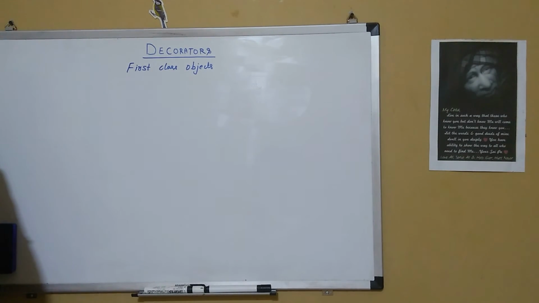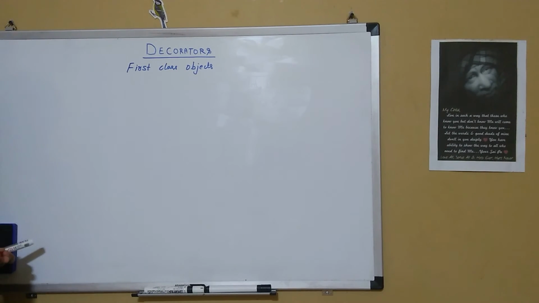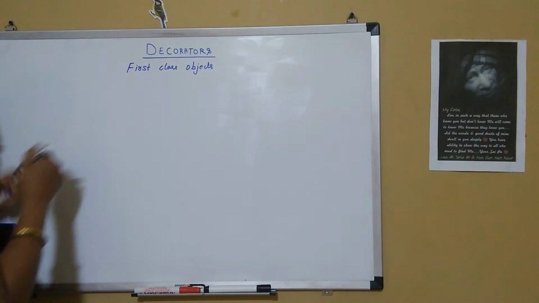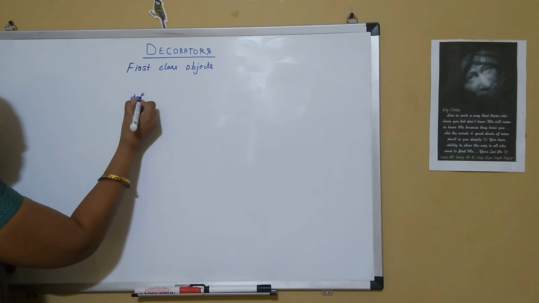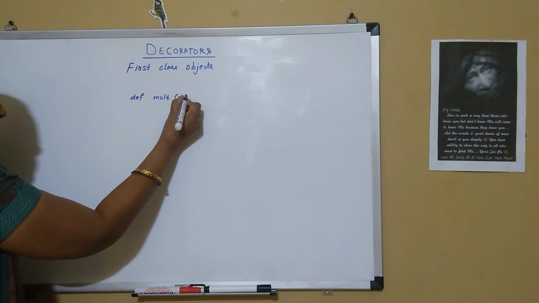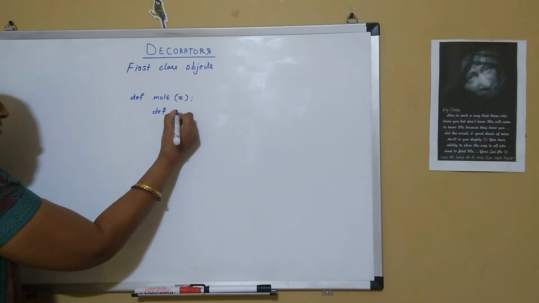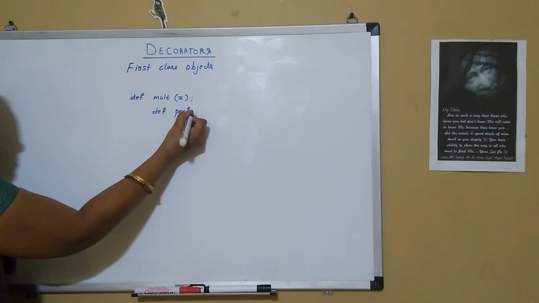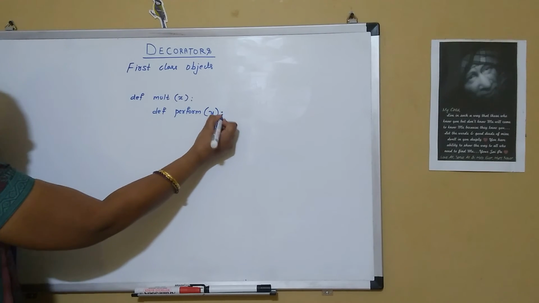Now let's see how we can return a function. So for that, let me take a function def mult x, and then let me define my perform function, which takes in y as the parameter.